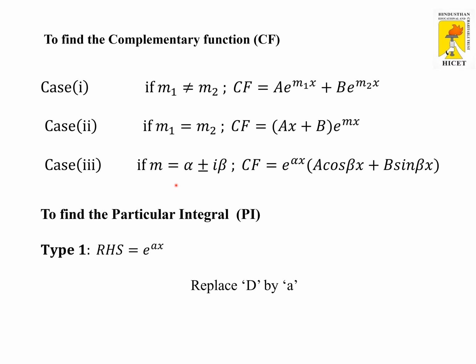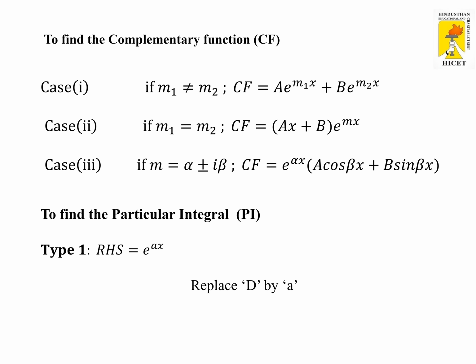Now next we are going to find the particular integral, PI. Here we consider four types of particular integral based on the term given on the right hand side of the above equation number 1, that is f of x.